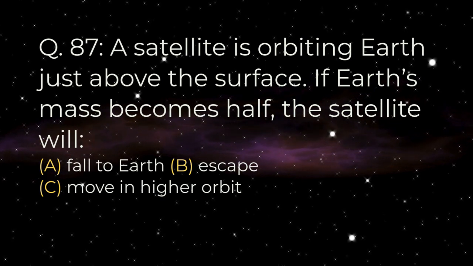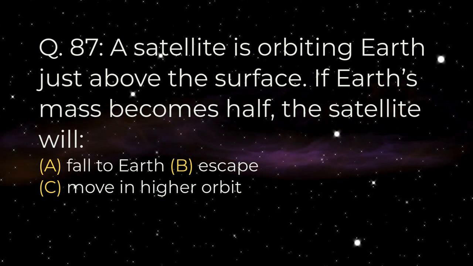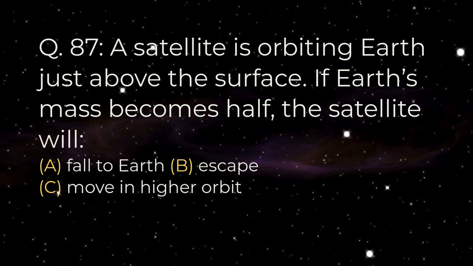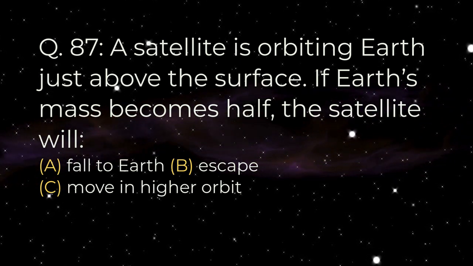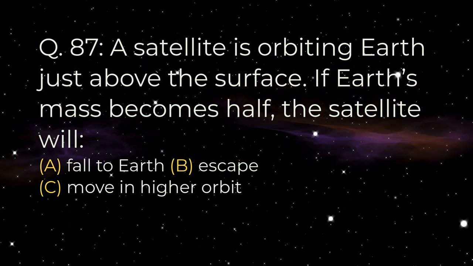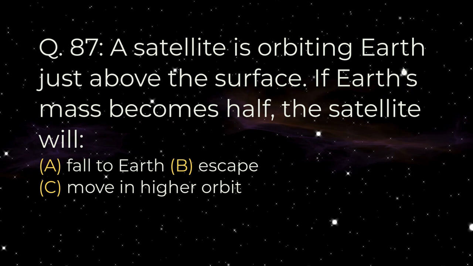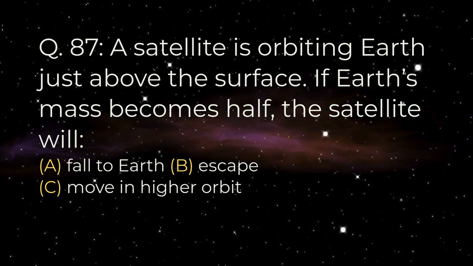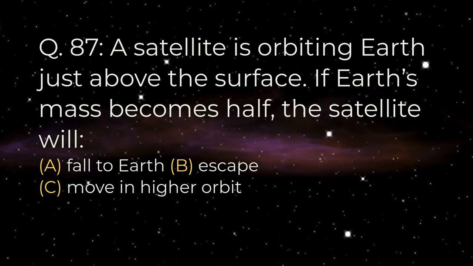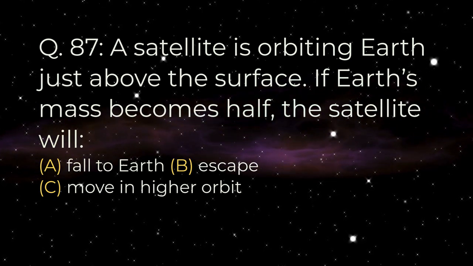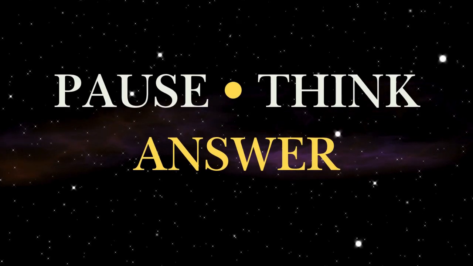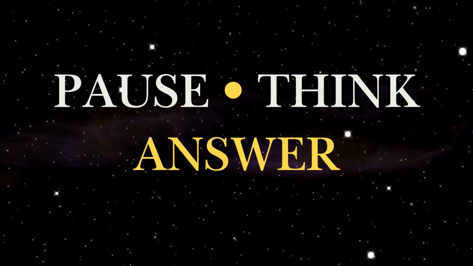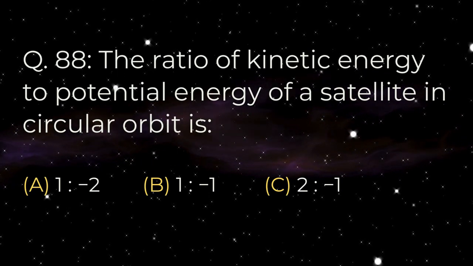Question 87. A satellite is orbiting Earth just above the surface. If Earth's mass suddenly becomes half, the satellite will: option A, fall back to Earth; option B, escape; option C, move in a higher orbit. Question 88.